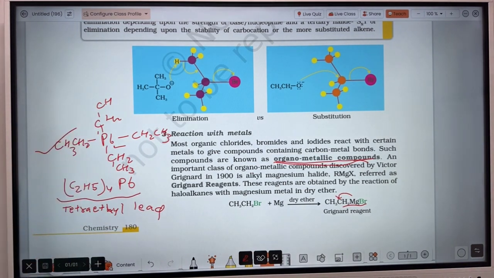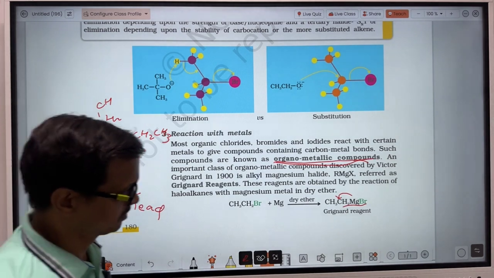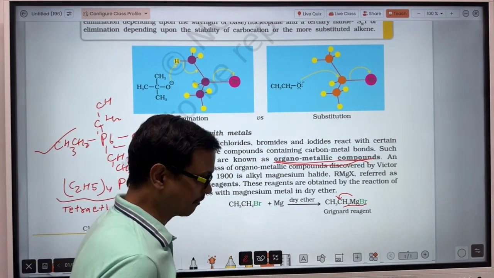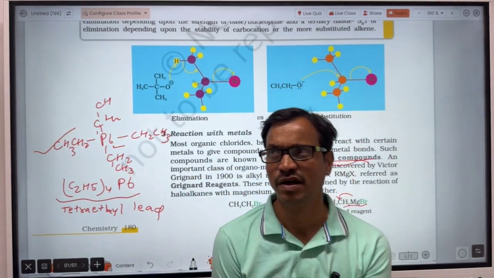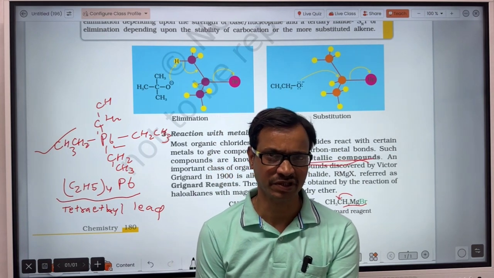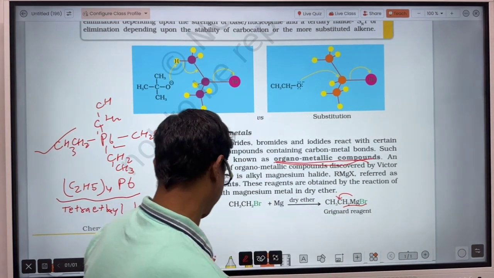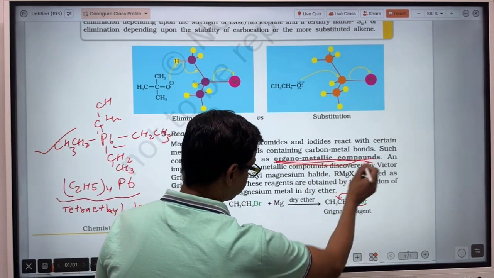That's not in your syllabus. So tetraethyl lead is an organometallic compound. Keep in mind, an organometallic compound is a compound in which a metal atom is directly bonded to the carbon atom.